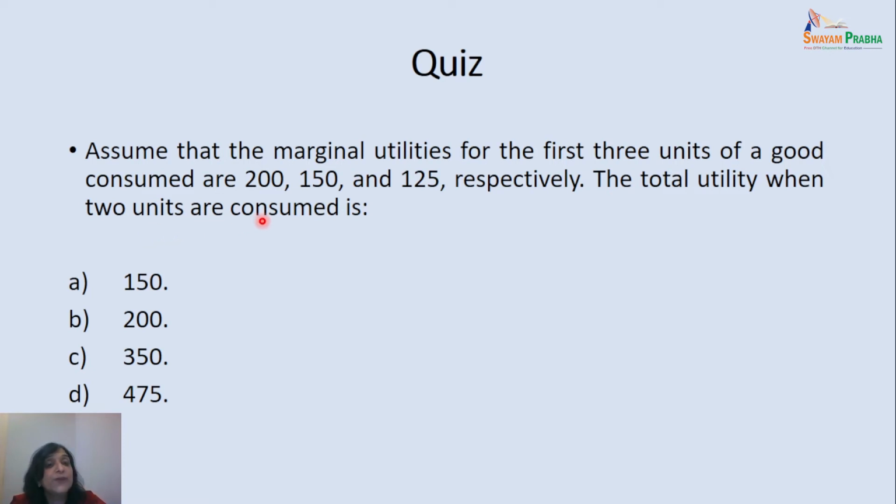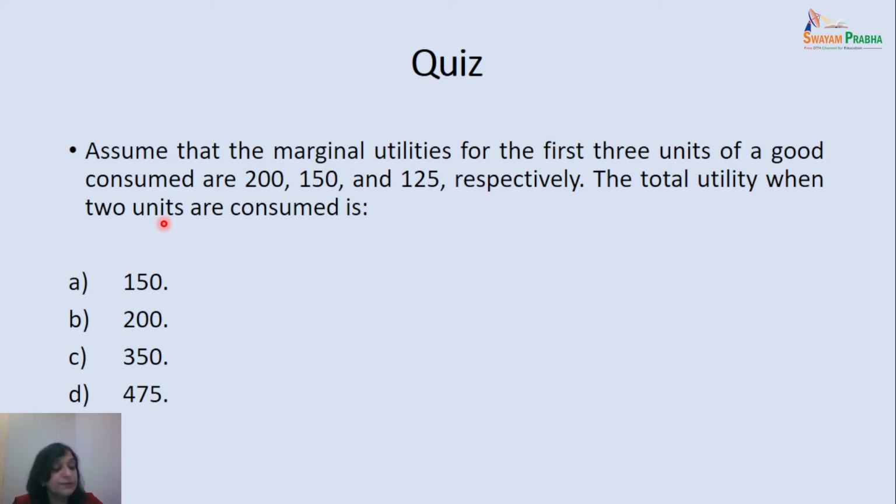Please read the question once more. The marginal utility of 3 units of a good consumed is given to you: first unit 200, second unit 150, third unit 125. We are asking what is the total utility of 2 units? What do you think will be the answer?